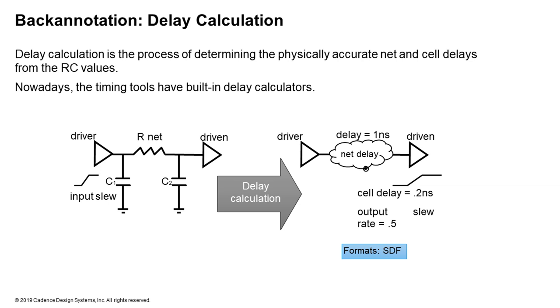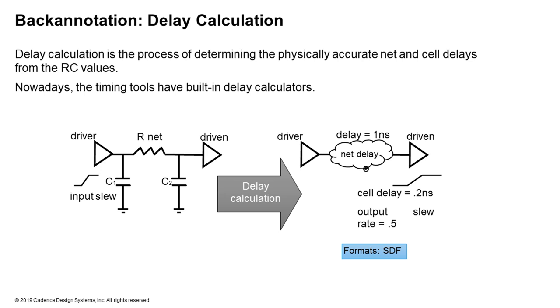That process is called delay calculation, and usually statistical analysis requires the net delays be provided either through an SDF or the SPEF, then converted internally through the delay calculators and used to plug in the net delays when doing your optimization.